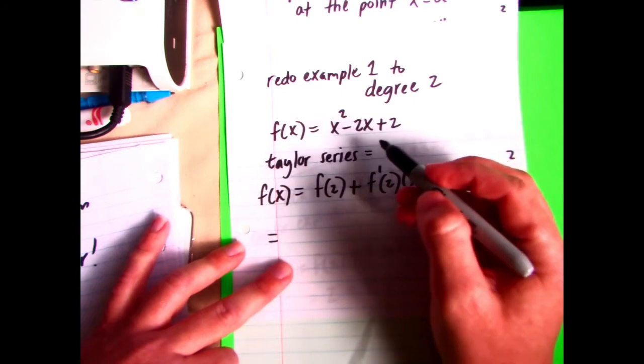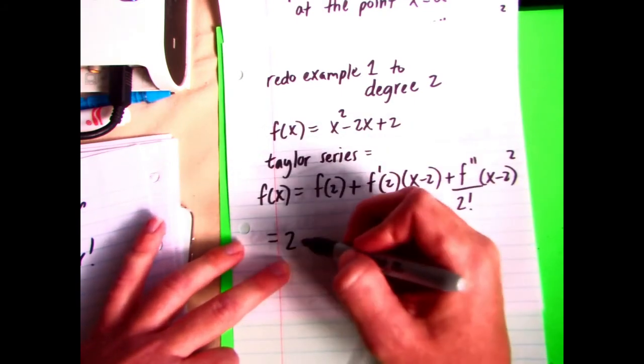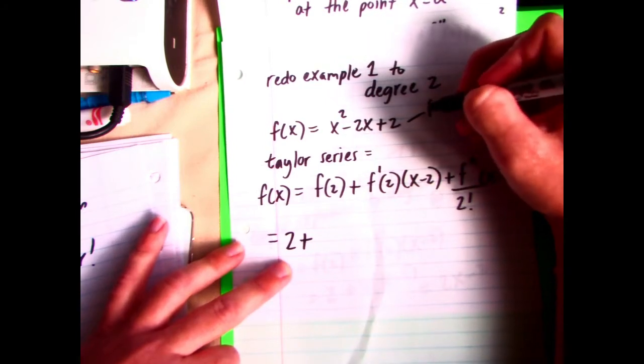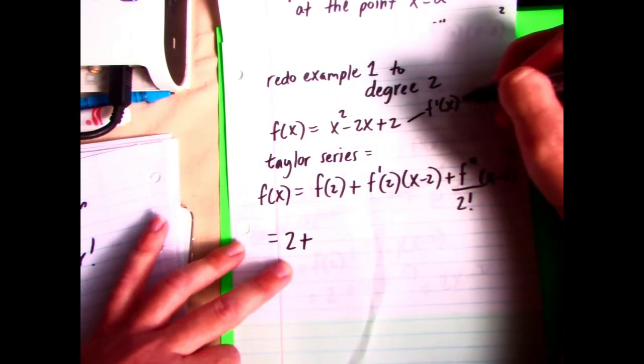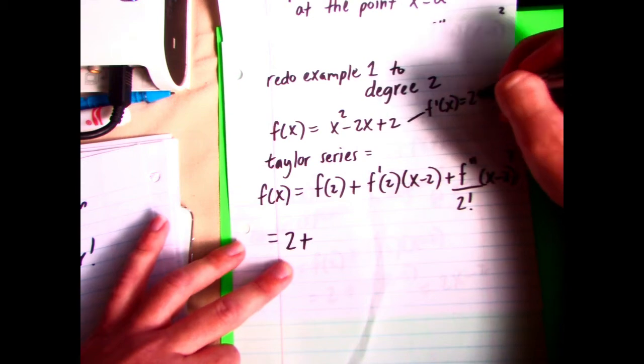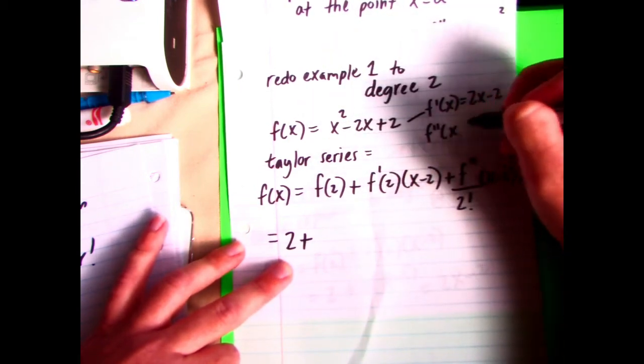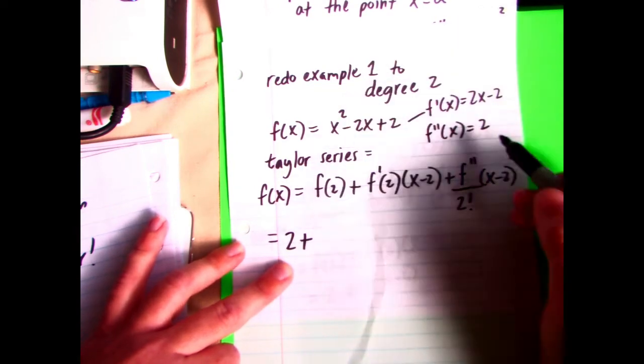Starting with f of 2. You already knew what that was. That was 2. I'm going to need some derivatives here. So my first derivative, again, is 2x minus 2. And I'll get myself set up with f double prime. That's just 2.